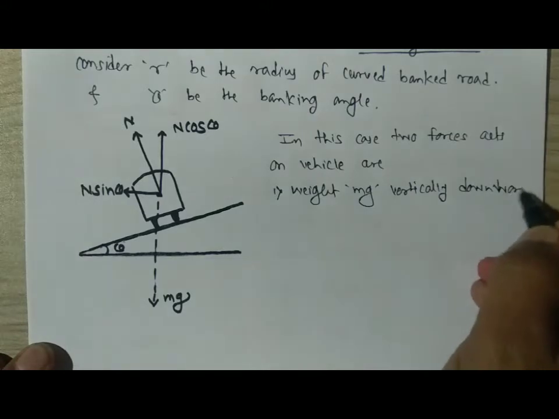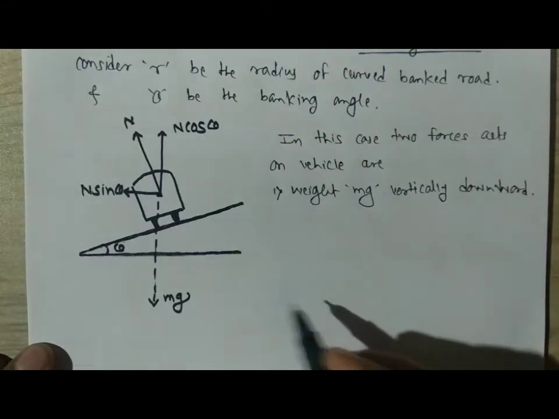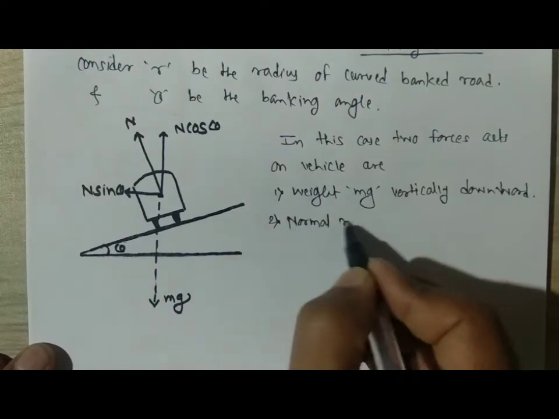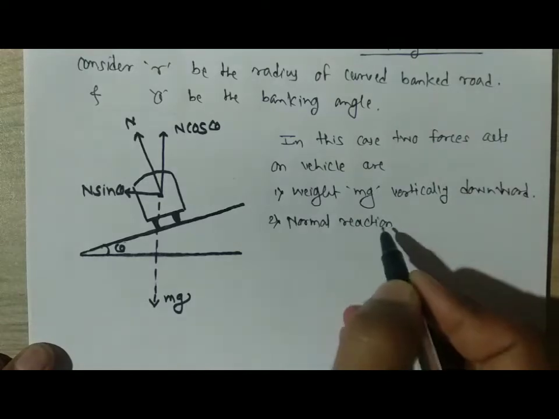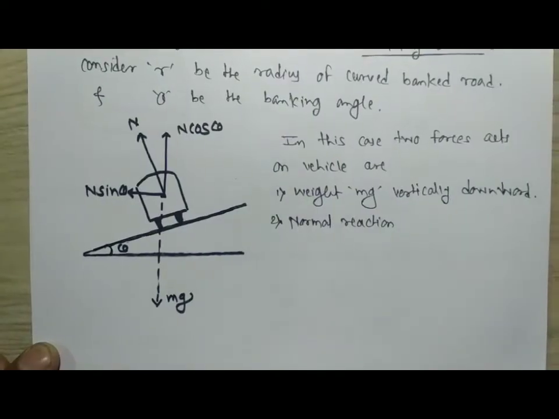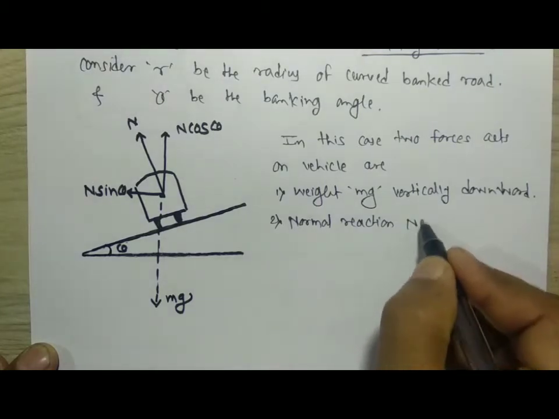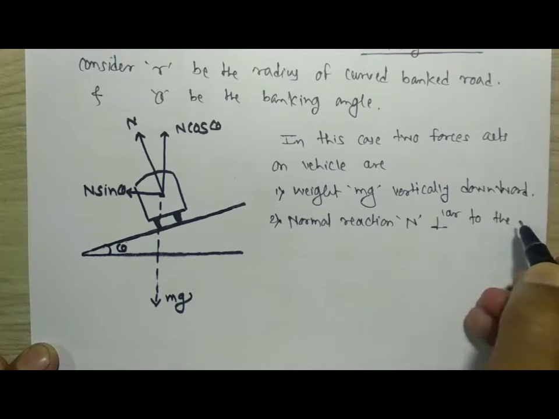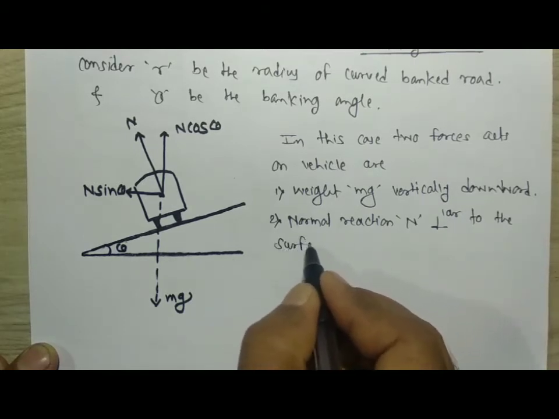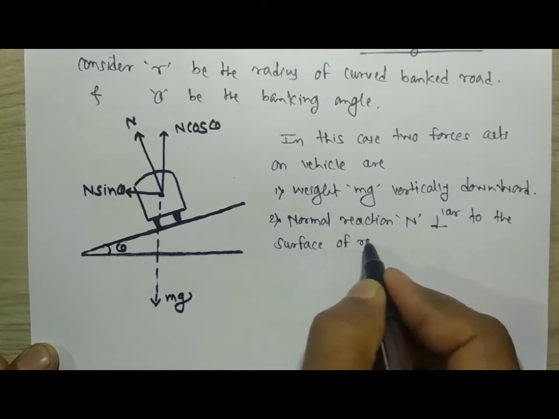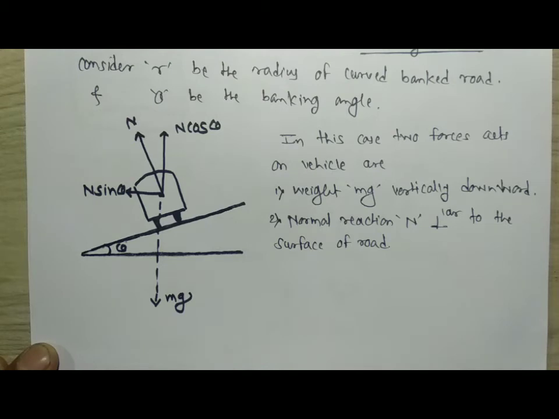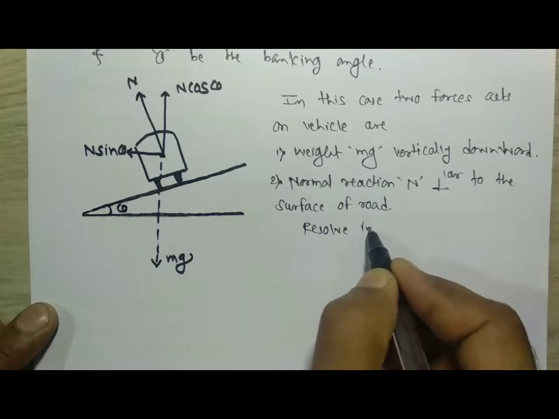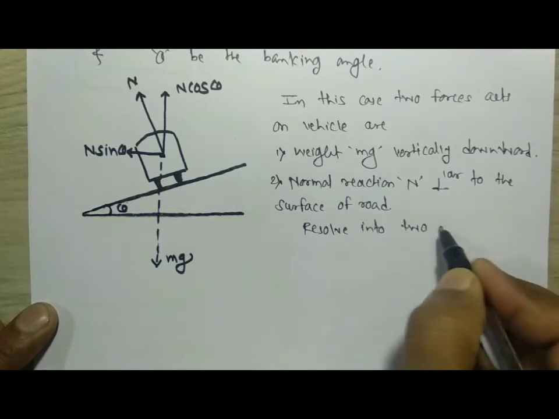Second is the normal reaction N, which is perpendicular to the surface of the road, and which is resolved into two components.